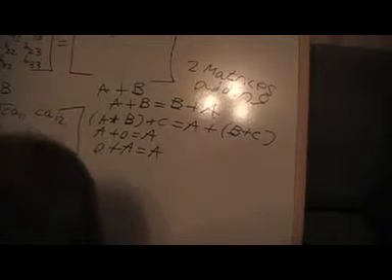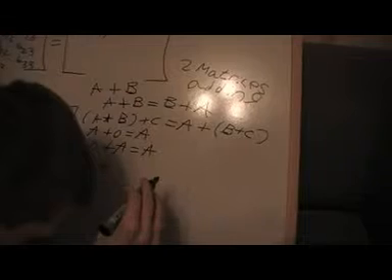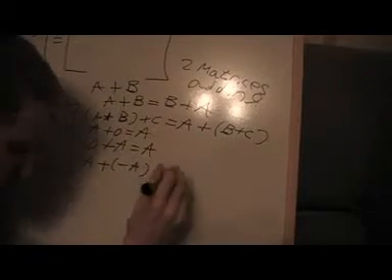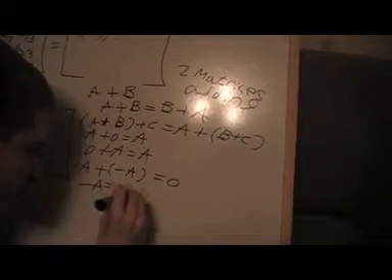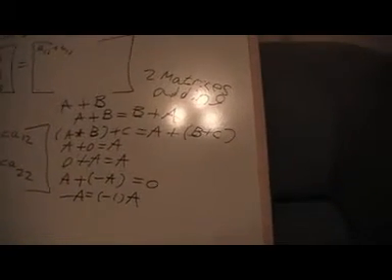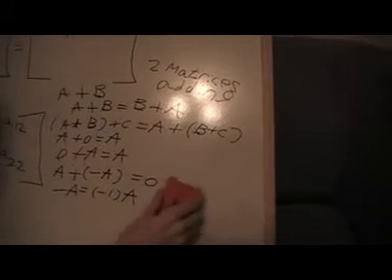And another property is A plus minus A is equal to 0, and minus A is the same as minus 1 times A. Okay, so those are some important properties of that.